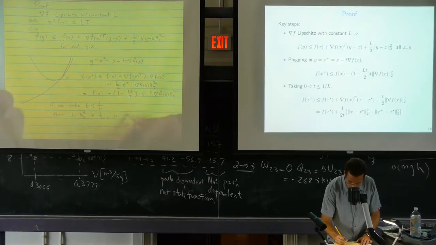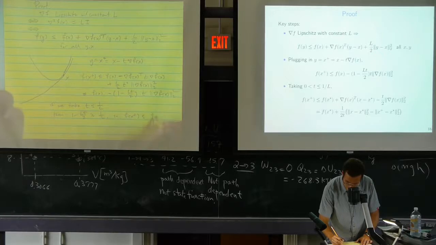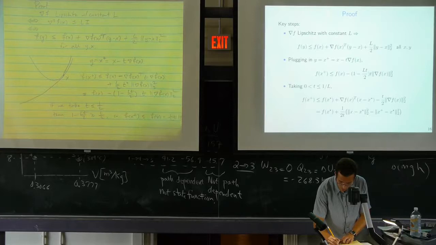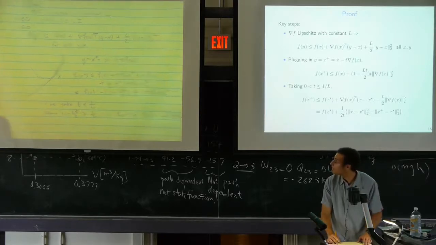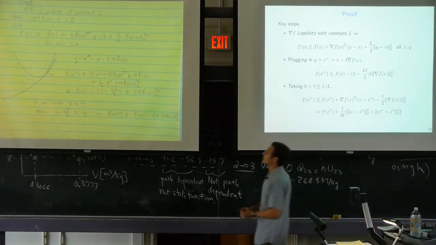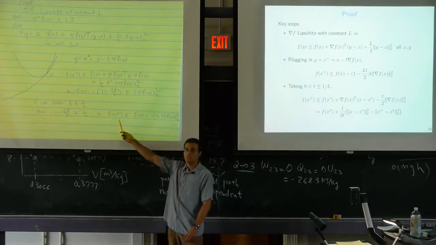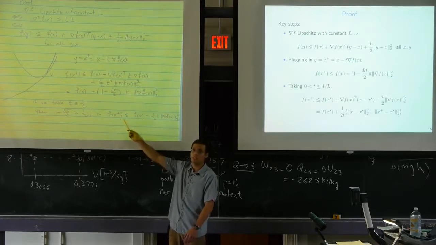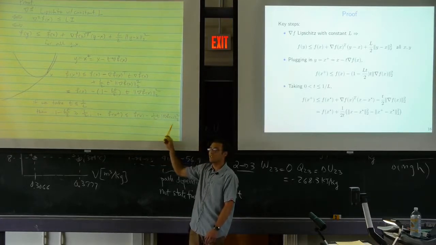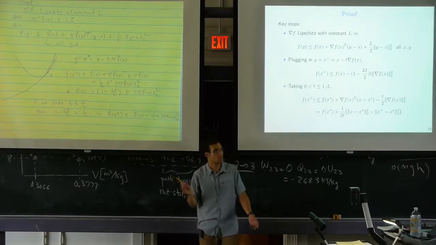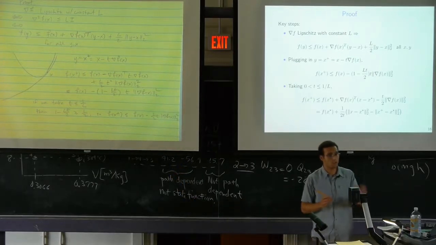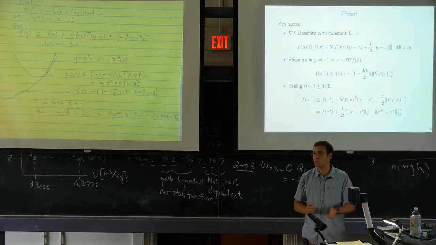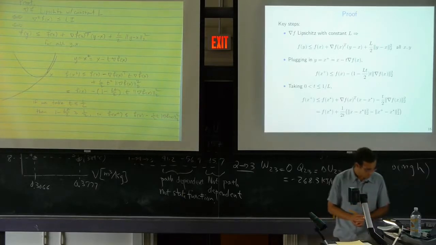So what do we conclude? We conclude that f of x plus is at most f of x minus 1/2 times t times the norm of the gradient squared. So that means that at every iteration, we're actually decreasing the function value strictly, right? Because this is where we were before, and here's the next step. This is always positive unless the gradient is 0, in which case we're at the minimizer. So it tells us that we're actually making strict progress towards minimizing the function at every iteration. Okay, so that's good.